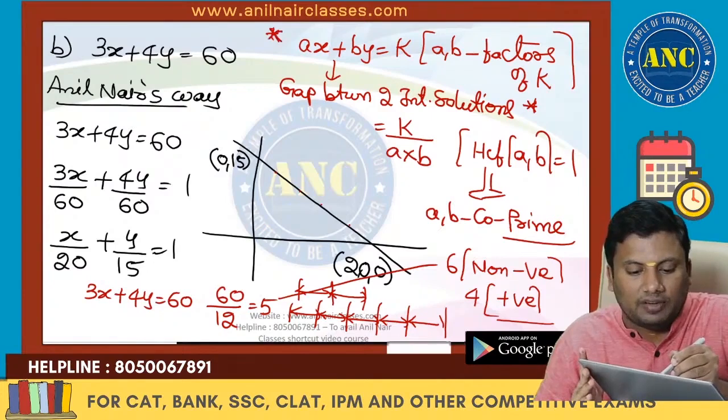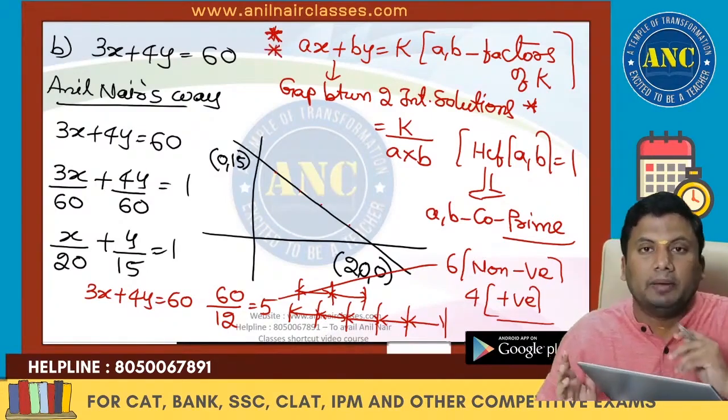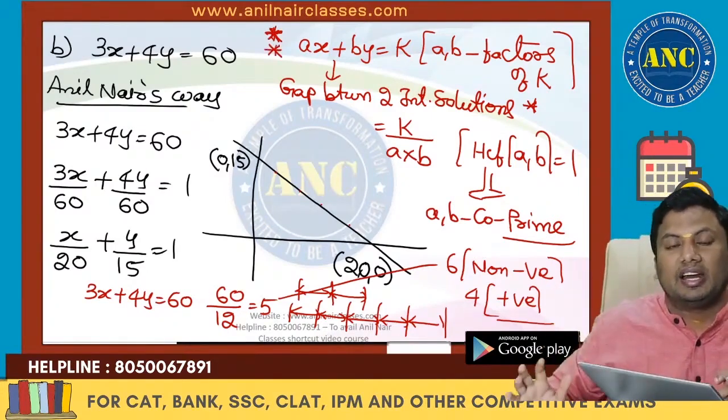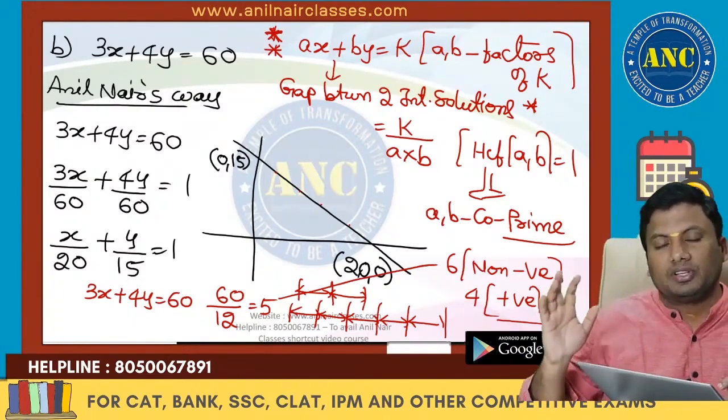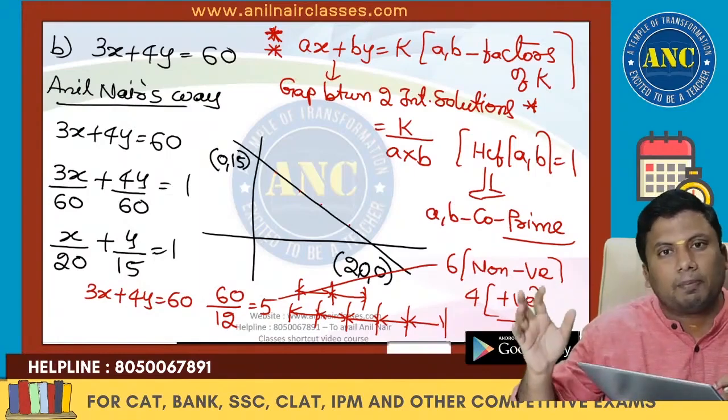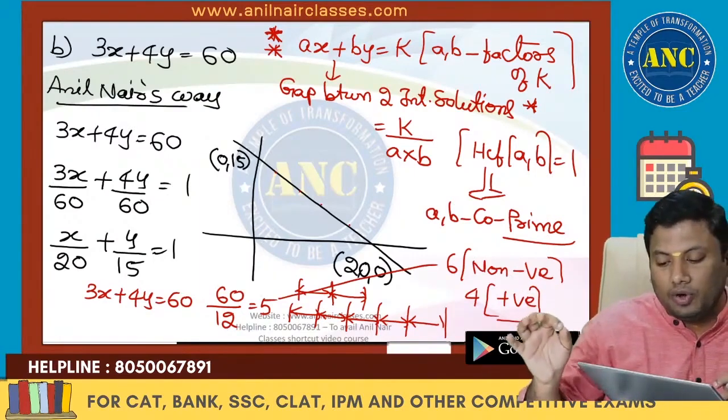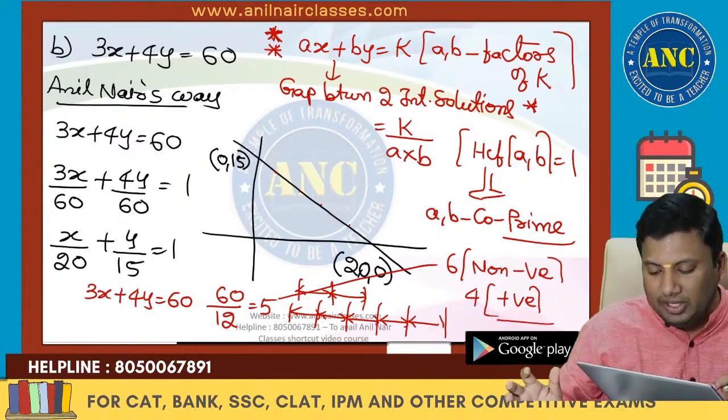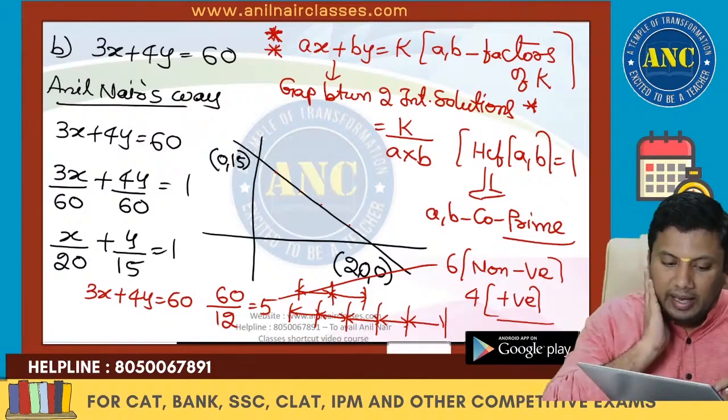Please make a note of this extremely important key point. If it is a linear equation with 2 variables x and y and there is a plus sign in between them and the coefficients are co-prime to each other, the gap between 2 integral solutions is given by k by a into b.